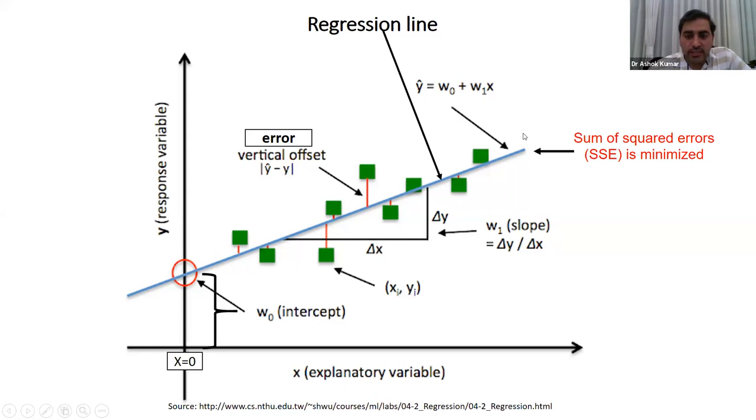And this is the equation of linear regression. y is the dependent variable, for example weight. Weight is equal to W0, where W0 is the intercept, so it is always constant in this equation, plus W1, which is the slope, times x. x means the independent variable, that is height.